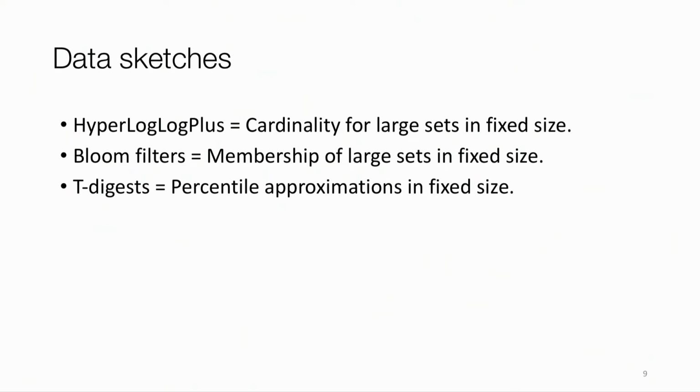Some of the ones that we've implemented include things like HyperLogLog Plus. HyperLogLog Plus is a cardinality approximation. So we use that to answer questions like, how many unique IP addresses has this server talked to in the last 5 minutes? How many unique servers has a user attempted to log onto?